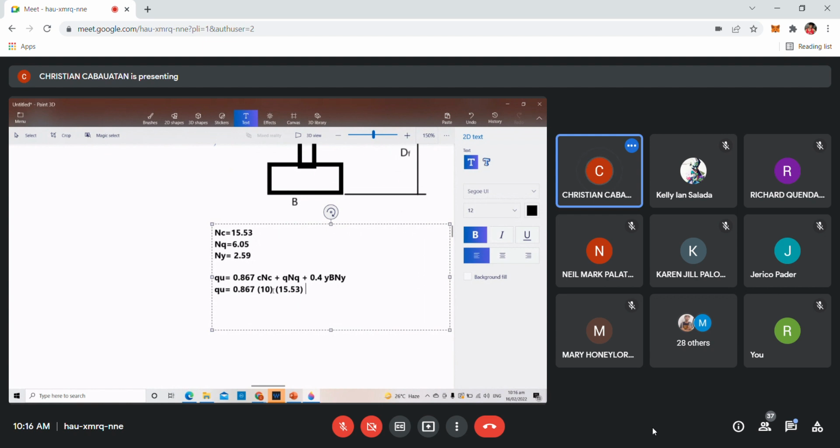Okay lang ba? q and Nq. Ano yung kanyang q? 18.5 multiplied by 1, the depth of the footing. 18.5, it is the unit weight multiplied by 1, the depth of the footing, multiplied by its Nq, which is 6.05. Add natin si 0.4 multiplied by the gamma, which is 18.5.